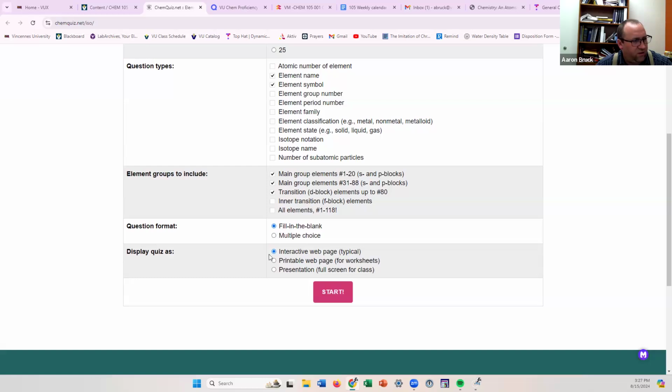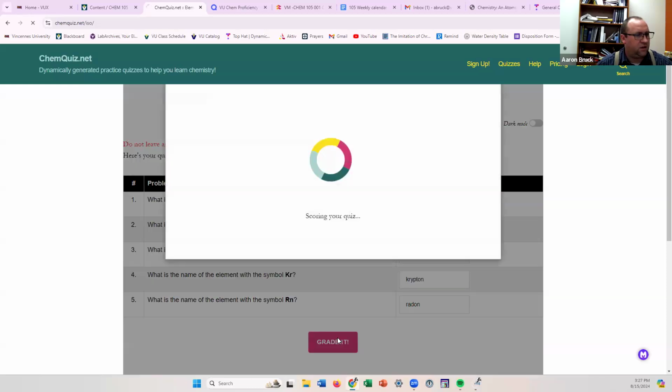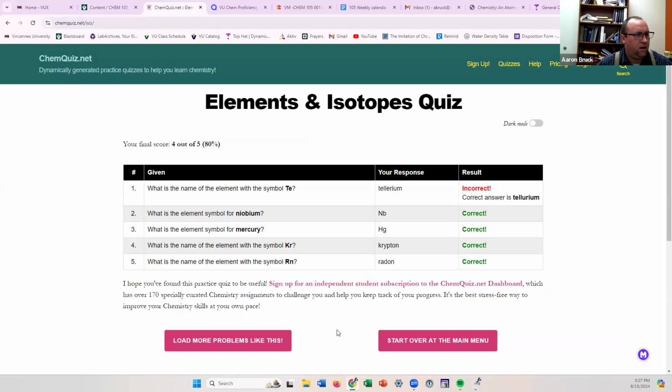But I can do a fill in the blank and I can hit start and it's going to give me a quiz. And I can put in my answers to the quiz and ask it to grade it, and it's going to give me feedback.